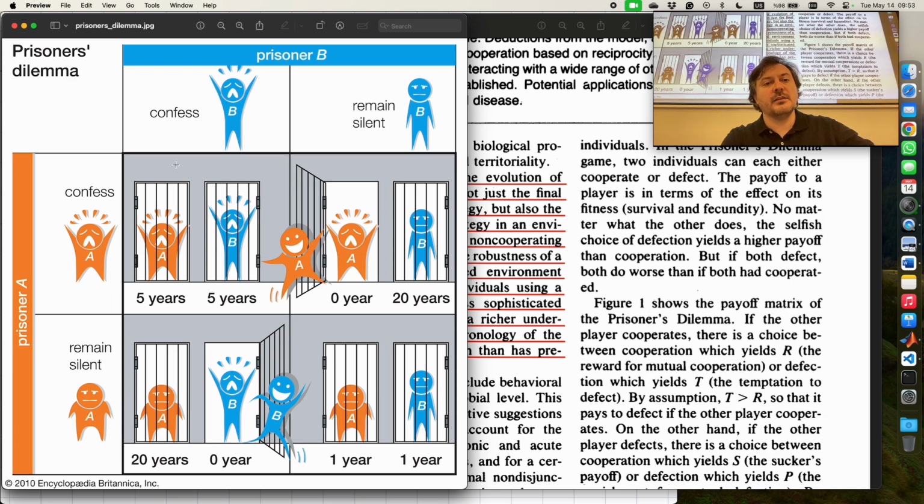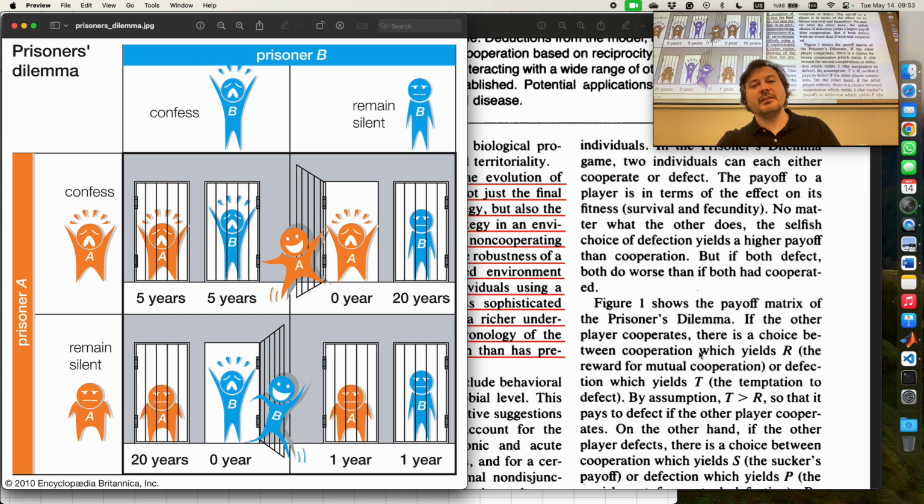Nevertheless, if they both confess, if you compare diagonally, it's a worse option for them. There is a global minimum here, but there is a logical barrier in front of it. Does it make sense? So they end up in the other local minimum. It's worse for everyone.